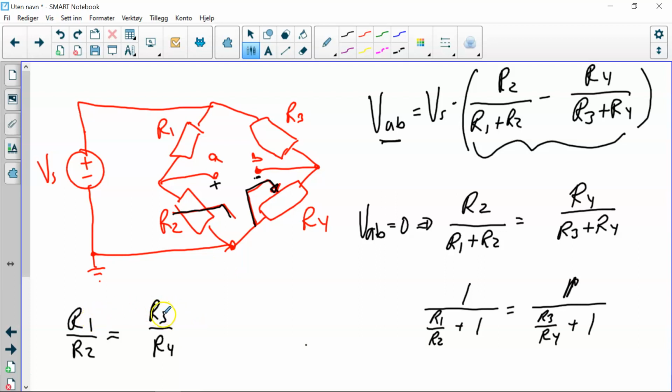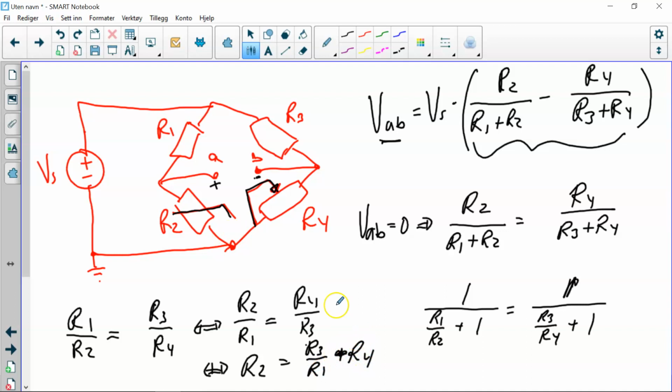They can both be named R1, or indeed I can turn this equation around. First of all, R2 over R1 equals R4 over R3, or if I like, R2 equals R3 over R1 multiplied by R4.